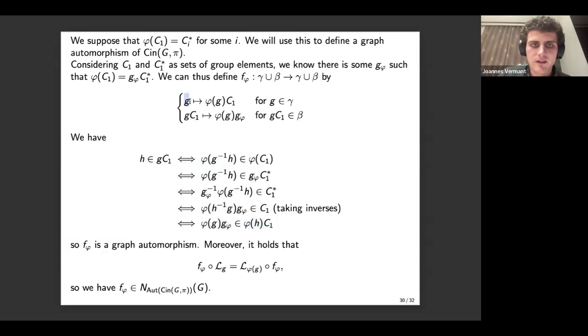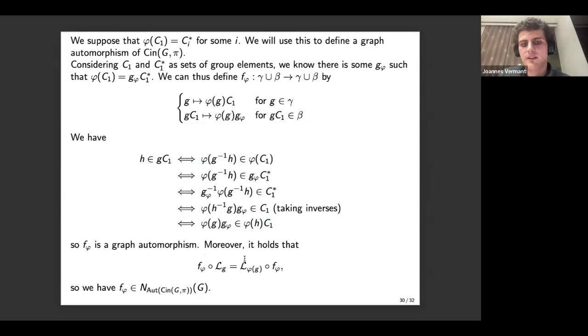But looking at our definition of the graph automorphism phi, this condition ensures that our graph automorphism is well defined.